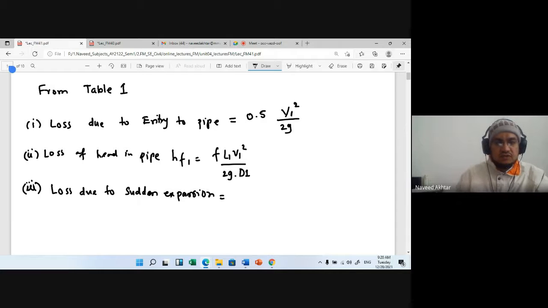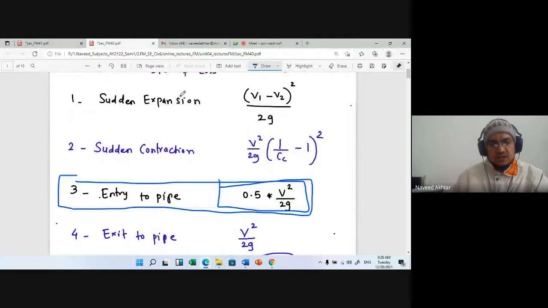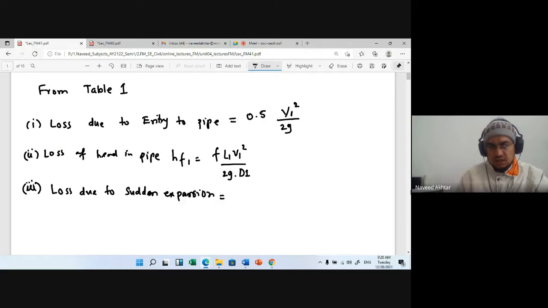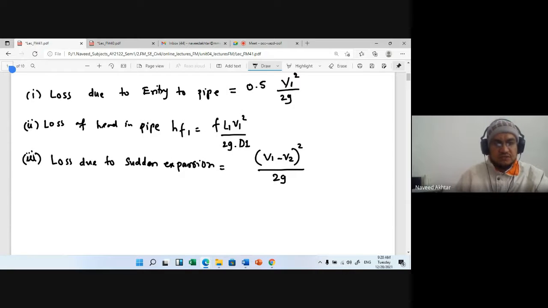So if you write this down, it's nothing but, for sudden expansion, the value is (V1 minus V2) whole square upon 2g. This is the loss due to sudden expansion.